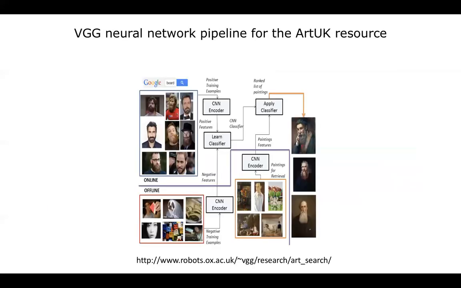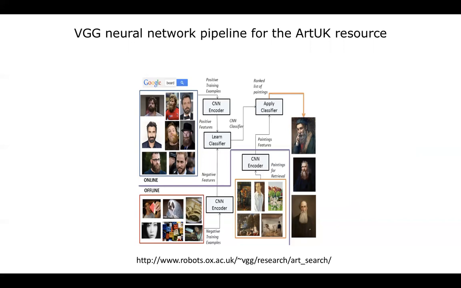Now, in practice, such systems are incorporated into pipelines like this. This is a collaboration we did with the organization Art UK, who mounts digital images of every painting in public ownership in the United Kingdom.